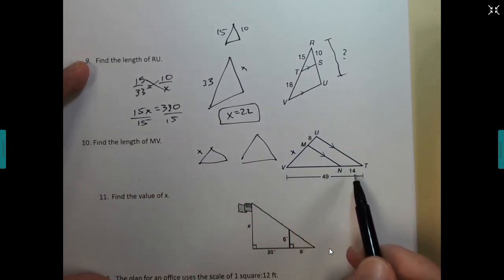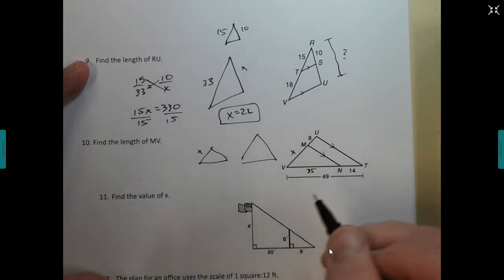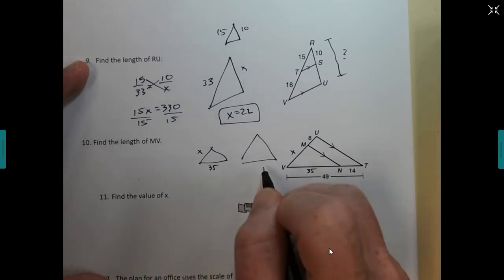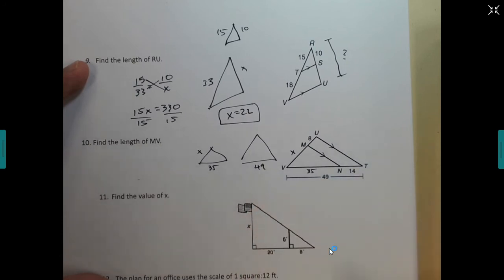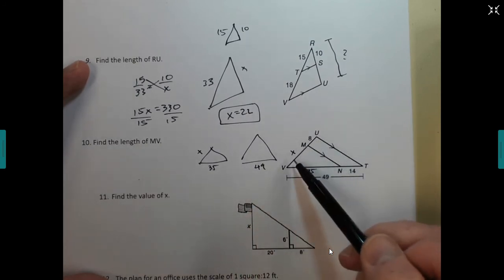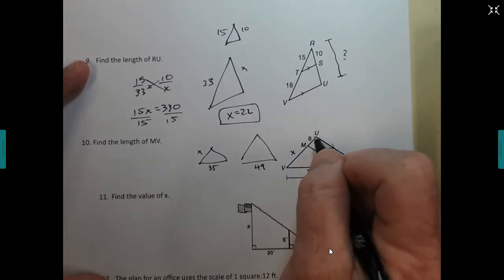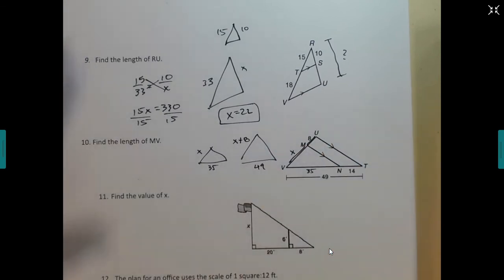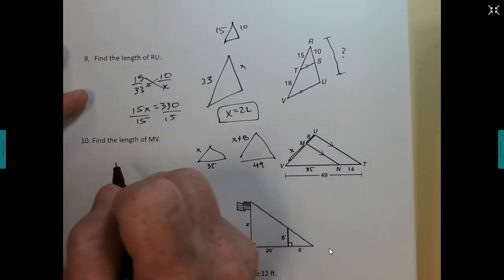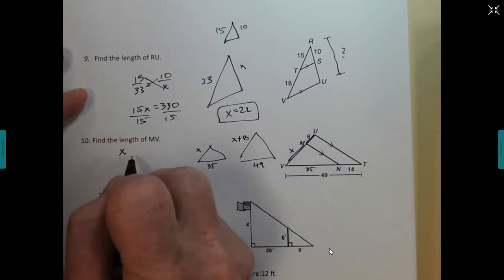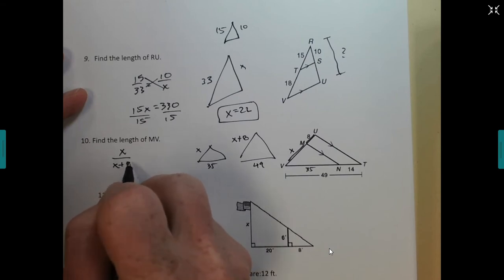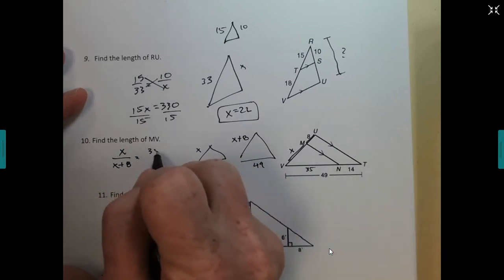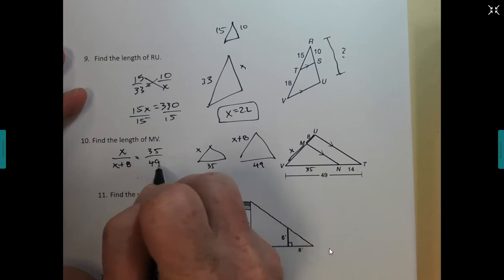If I get rid of the 14, I know this is 35. And the long side here is certainly not 8. I'm going to have to call that 8 plus x. Again, proportions yelling at me. X compares to x plus 8 as 35 compares to 49.